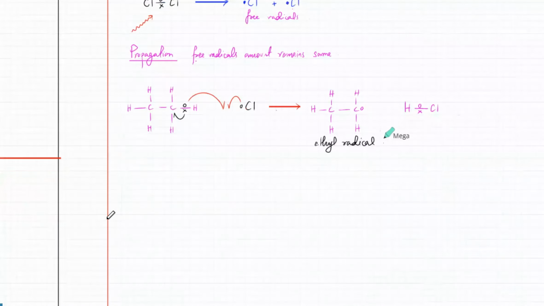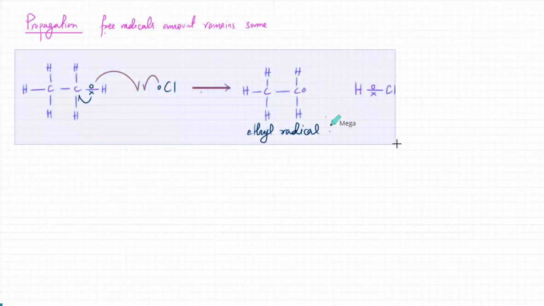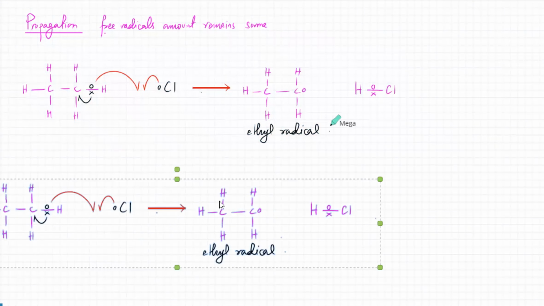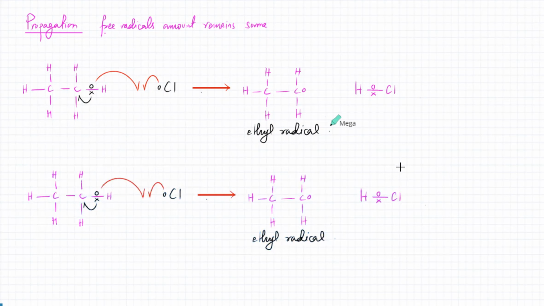I mean, the free radical could be the carbon. This carbon could be a free radical as well. Like, let me show you another one. Okay, let's say I have this mechanism. I'm just showing that any one of the hydrogens could have been attacked. So which is why free radical substitution.